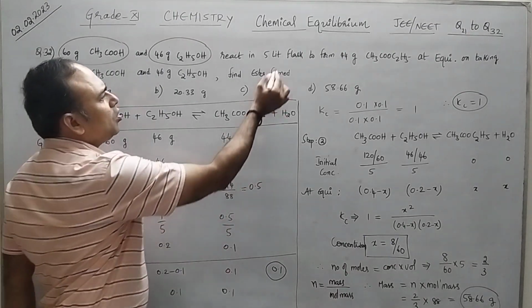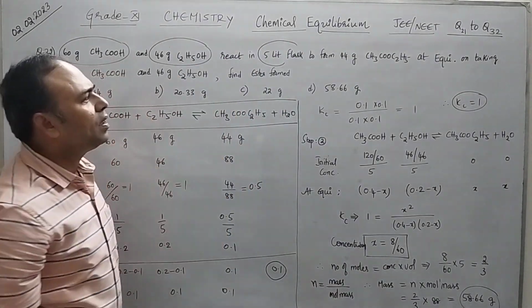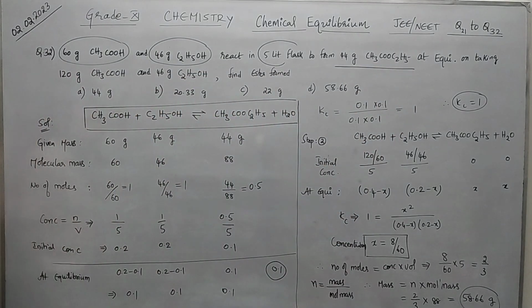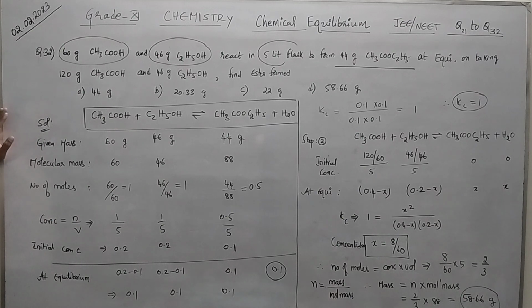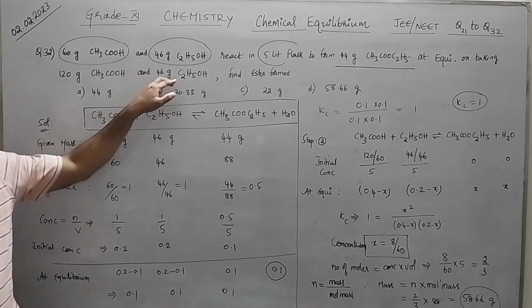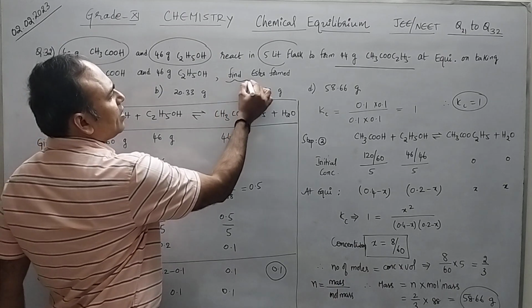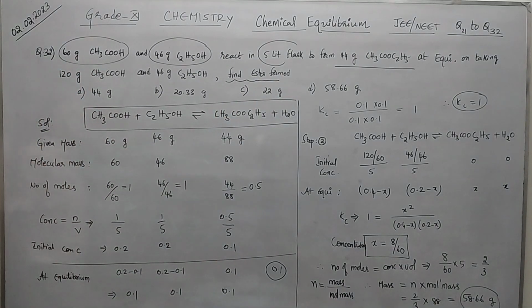What is the volume? 5 liter. And in the product you have 44 grams of ethyl acetate. This is the first condition and we can calculate Kc for this. Based on this, they have changed the mass of acetic acid while the mass of alcohol remains the same, and now they are asking what will be the final mass of the ester.